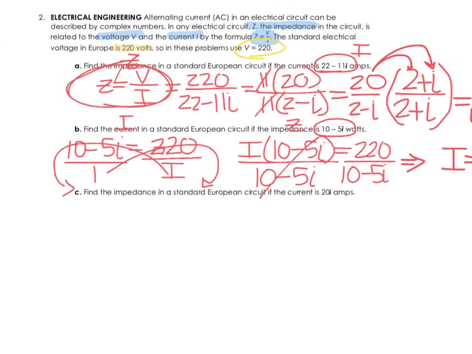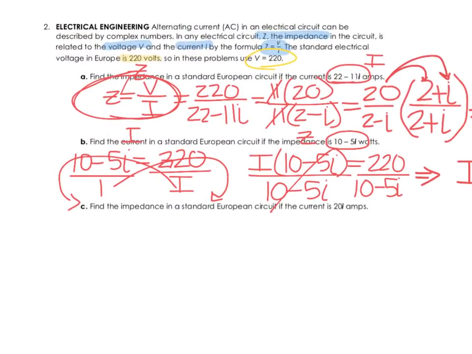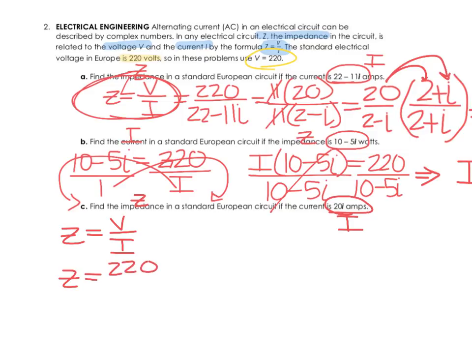Now, moving on to part C. We want to find the impedance, so we're looking for Z in a standard European circuit if the current is 20i. So I is 20i. So we use our formula Z equals voltage over current. We're looking for Z. We know voltage is 220, and we're saying current is 20i.